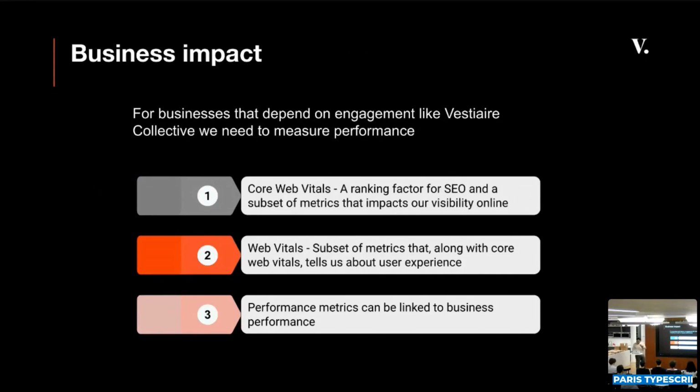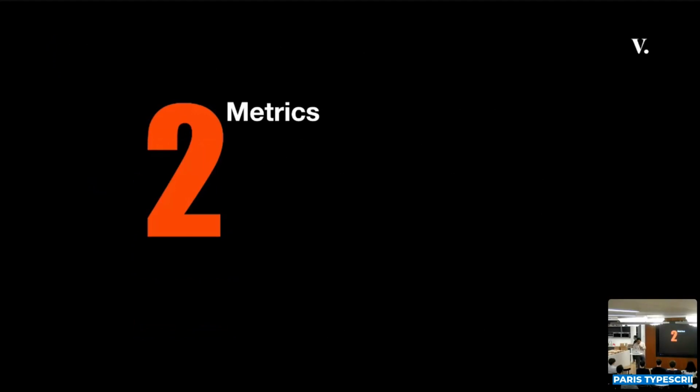Then we can start talking about web vitals, and both of these combined will tell us exactly what the user is experiencing on our website. Finally, our performance metrics can be linked to business performance as well, which we'll talk about at the end of the slides.